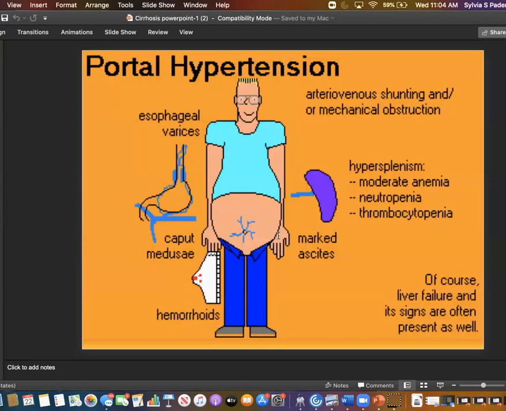For the most part, these patients look like they're very malnourished, but they'll have a big abdominal gut, and because of the lack of nutrient absorption, they'll have skinny arms and definitely marked ascites like we talked about. They will have hemorrhoids as demonstrated on the underwear there. And then this is the caput medusa.